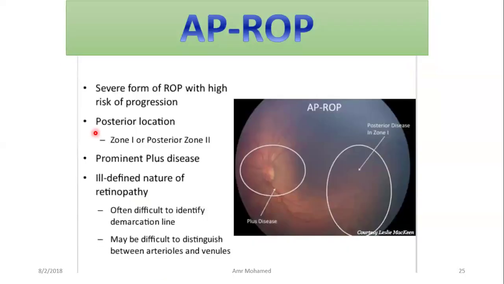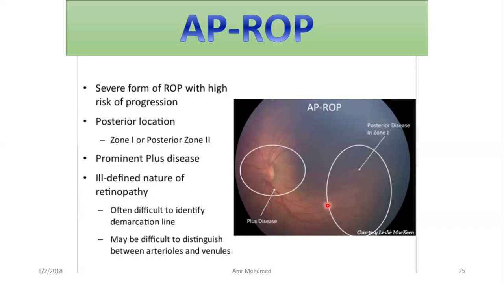We have also something called APROP, the aggressive form of ROP, aggressive ROP. The problem of aggressive ROP is that it is progressing very fast. And usually it involves zone 1 or posterior zone 2. So it is posterior ROP involving the posterior pole. The patient will have usually prominent plus disease and ill-defined nature of retinopathy.